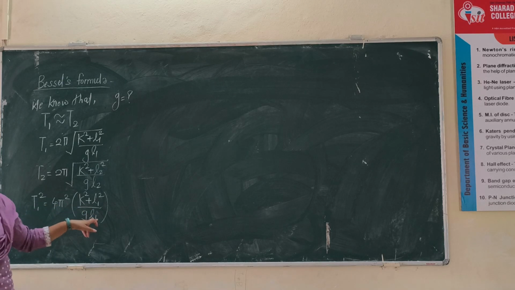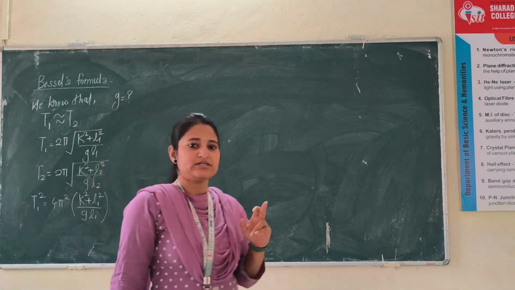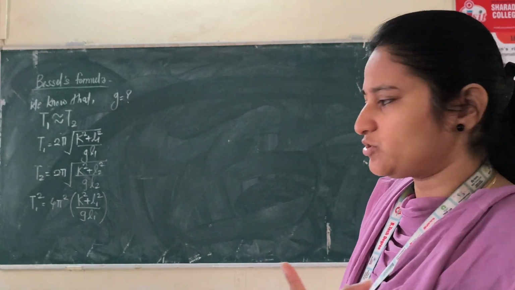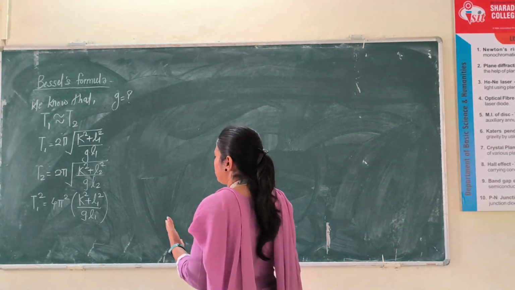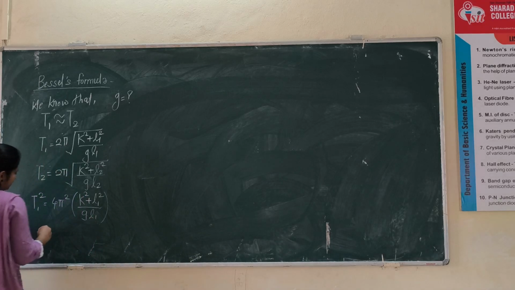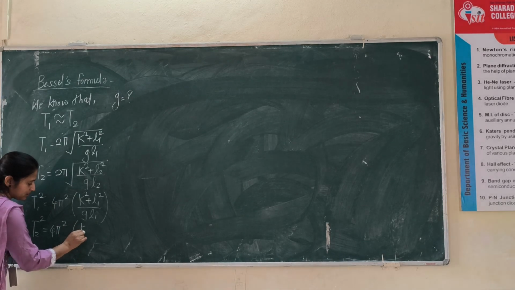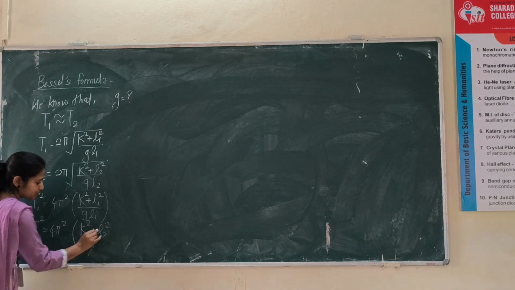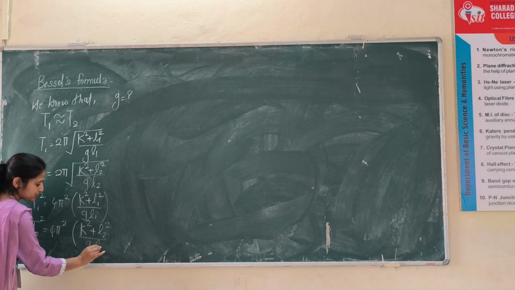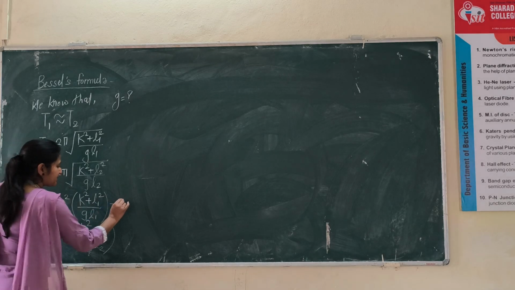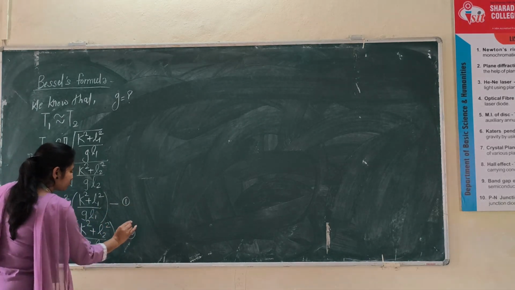Here L1 is the distance between the center of gravity of Kater's pendulum and the first knife edge, denoted by L1, and similarly L2 is the distance between the center of gravity and the second knife edge. So T2 square is 4 pi square (k square plus L2 square) divided by (g into L2). Write these as equation 1 and equation 2.